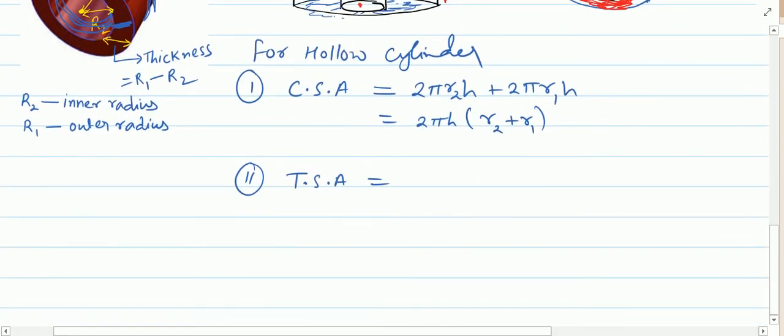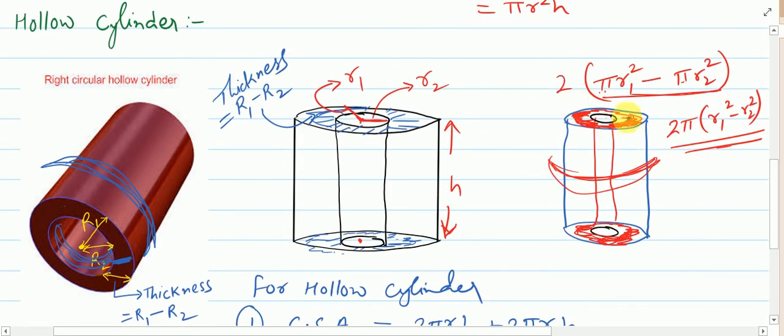So let us write down. So total surface area will be this, 2 pi h r2 plus r1. So this is your curved surface area. This is what I wrote over here just now. And now I will write the area of the shaded region for top and bottom.